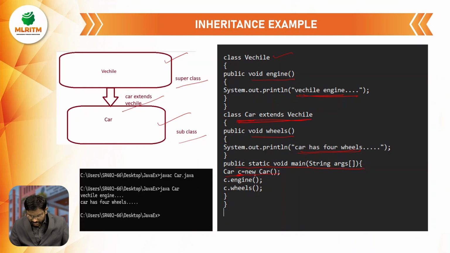Here, new means we are allocating memory for variables. And this Car again means the class name. So the formula to create the object is: class name, reference variable, and new class name.